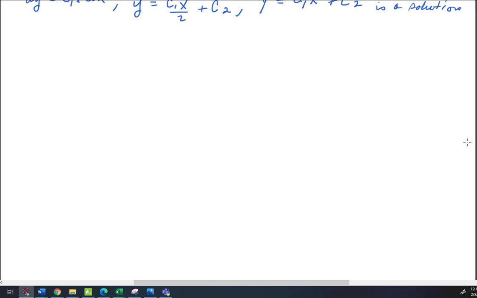Now there's another kind of second order reducible equation. So let's call this second order reducible equation, and the key here is going to be that the independent variable, which is x, is missing.